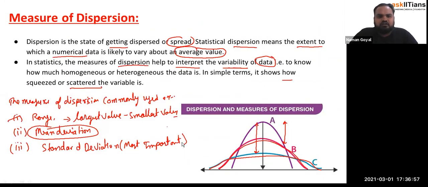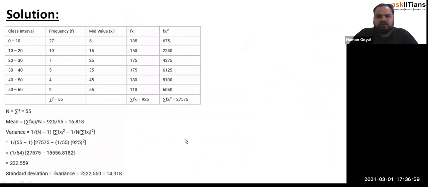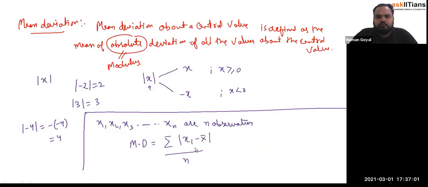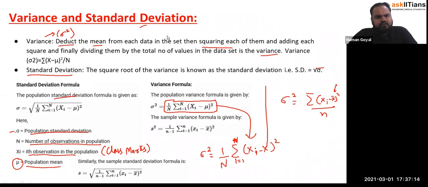In mean deviation, we just take only the mod, we don't make a square. But in standard deviation, or we can say for variance, we have to take the square also. Okay, got it? Very simple. You can do this, right? Now there is another term known as sample variance.